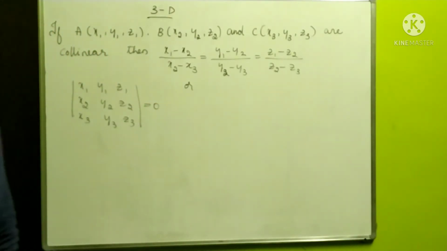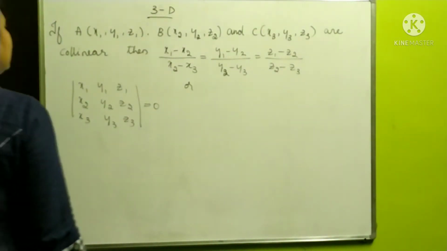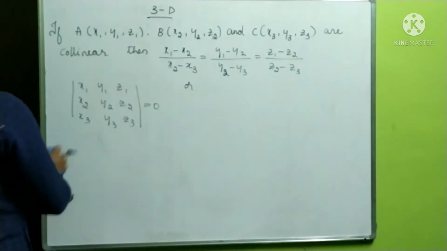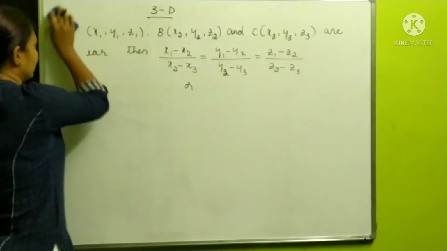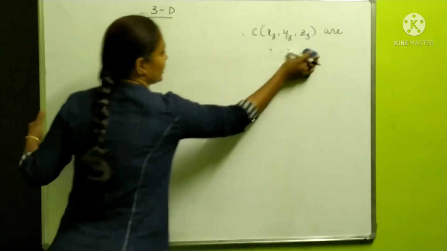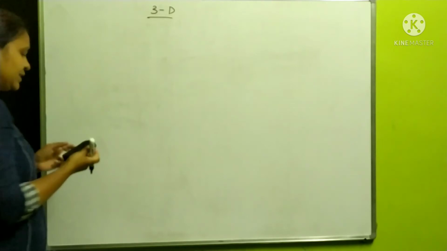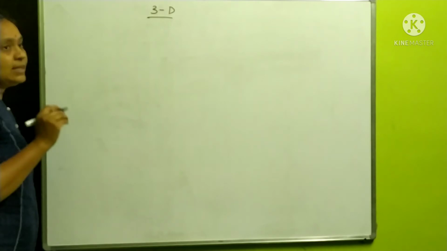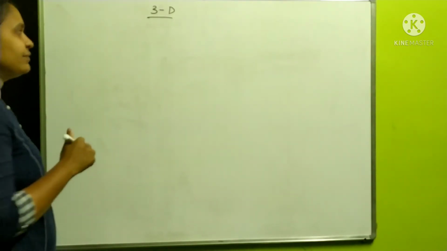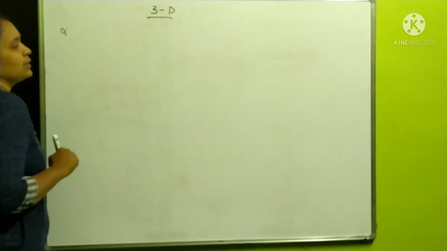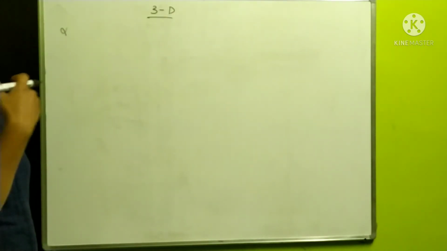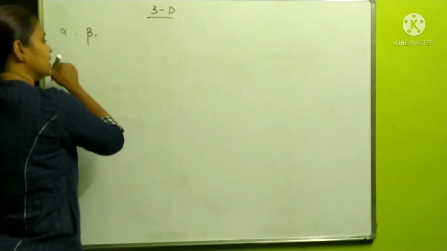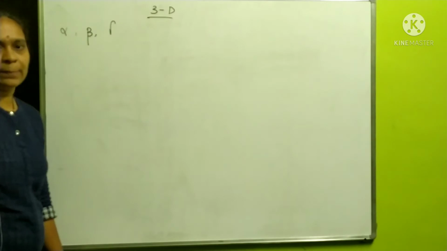Okay, now let us move to the direction cosines part. What do you mean by a direction cosine? Let a line make angles with respect to the positive x-axis, y-axis and z-axis. The acute angle between the line and the positive x-axis is alpha, the positive y-axis is beta, and the positive z-axis is gamma.